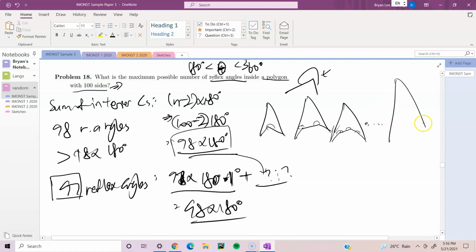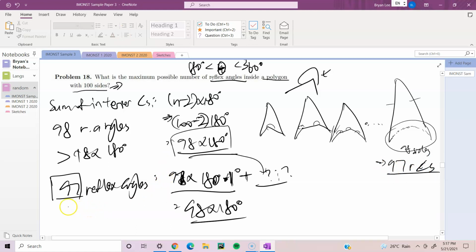So this one would have 100 sides, I think. This is very minuscule. So this one would look like a near perfect circle, but it's not. So we have 2 sides here, and then here we have 98 sides, which will give us 97 reflex angles, okay?